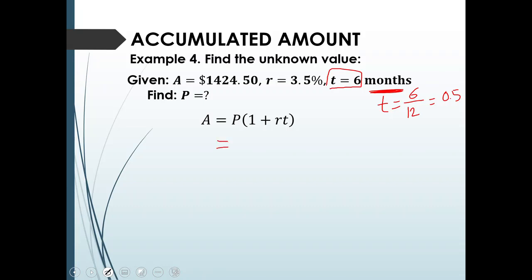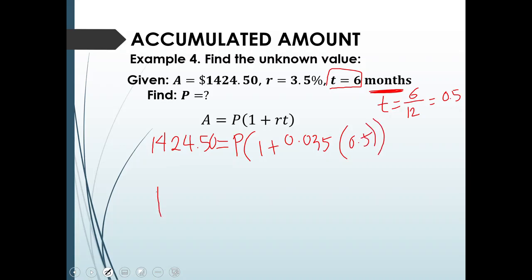So we have the formula A is equals to P times 1 plus RT. A is given, 1424.550. P is unknown. The rate 3.5 over 100, so 0.035. T is 0.5.